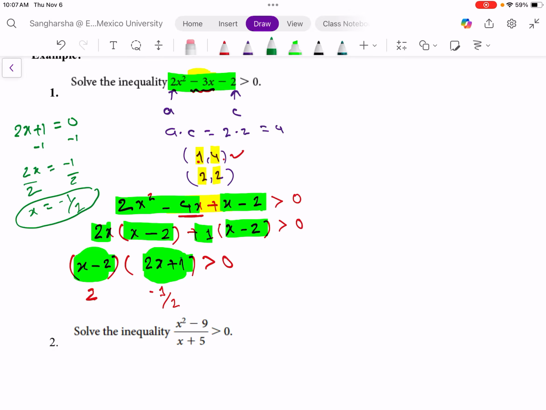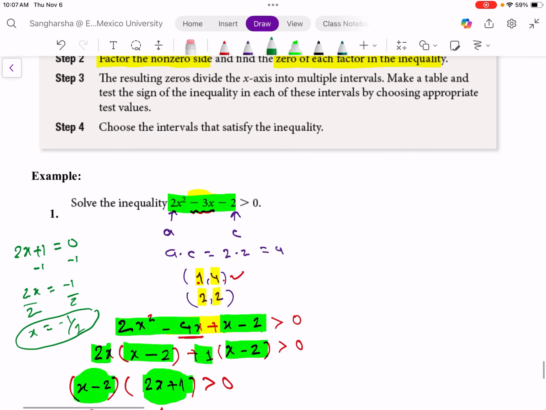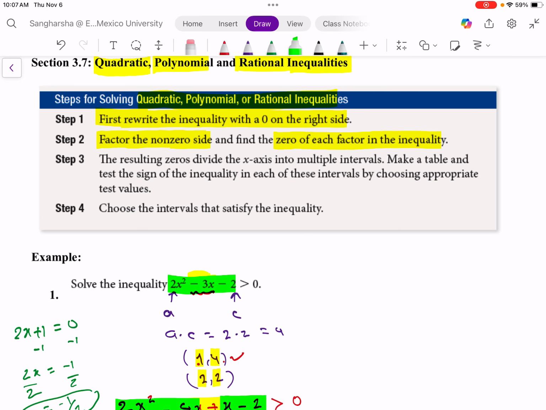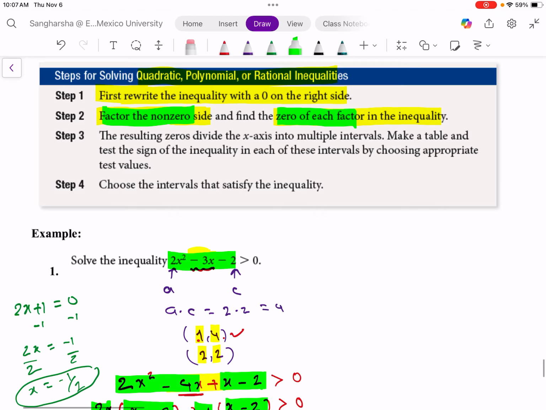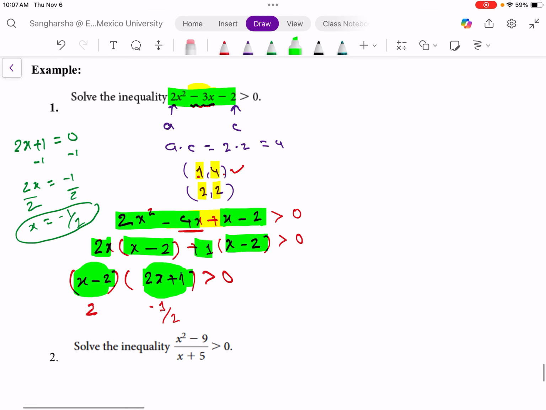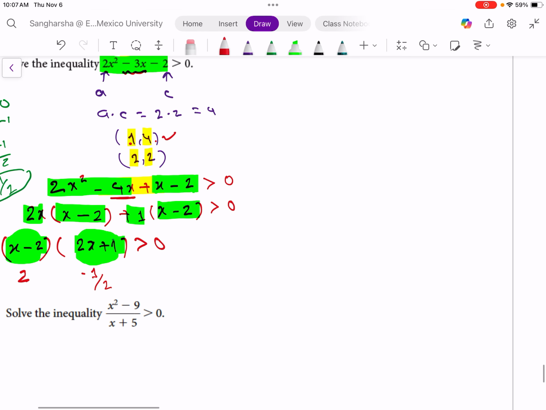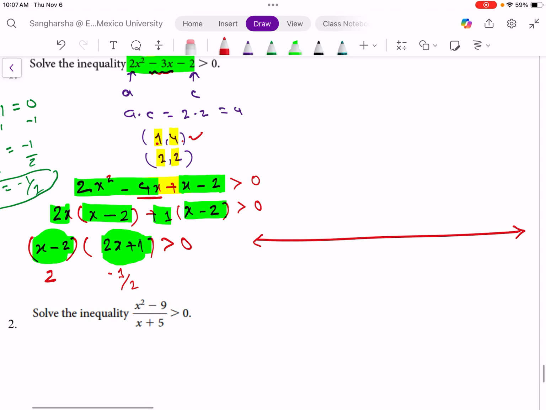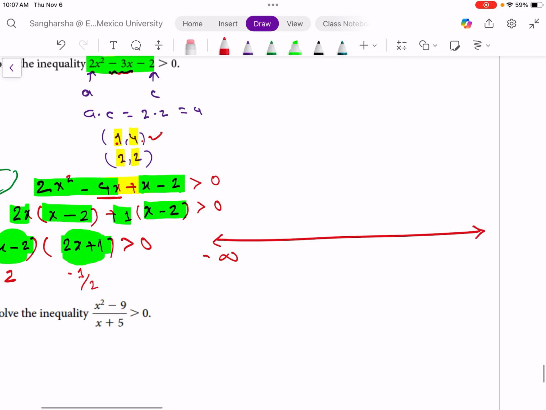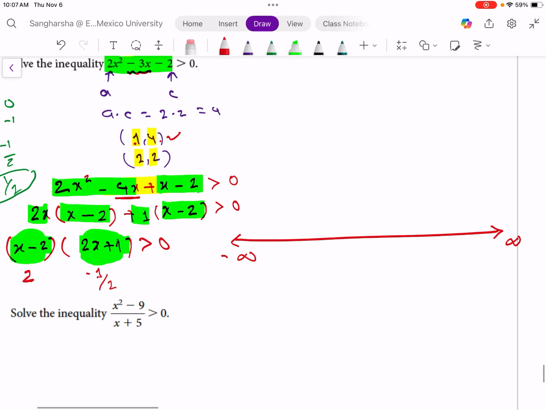Now let's go to the next step. We factorized and we have the zero of each factor. Now the resulting zeros divide the x-axis into multiple intervals. The x-axis means our number line. So we have a number line, and we use these zeros to divide it into different sections.